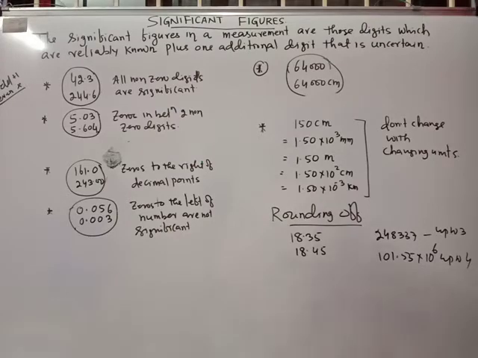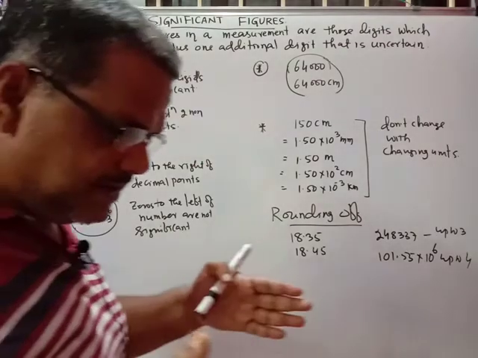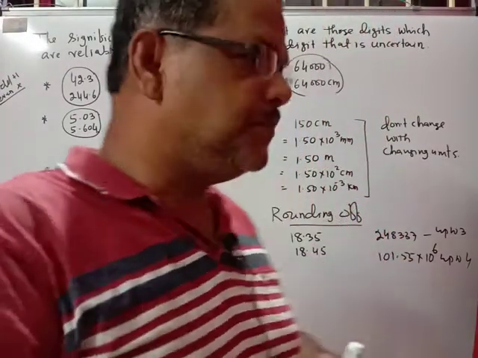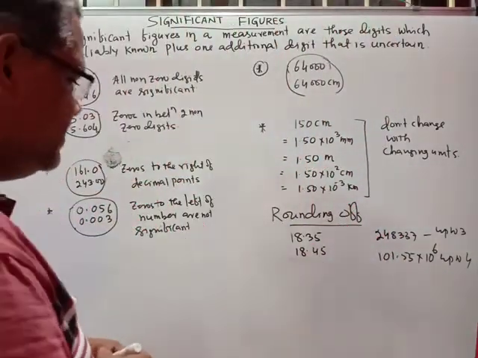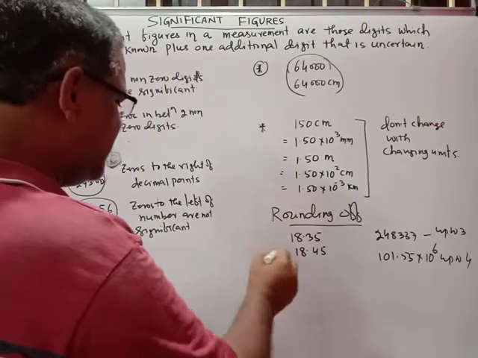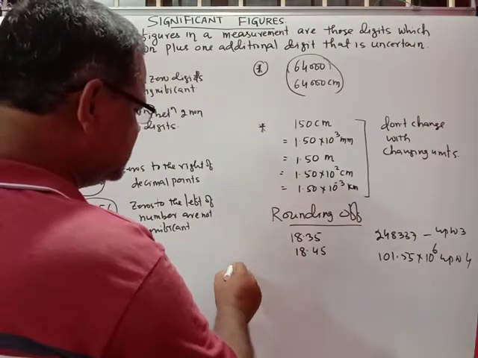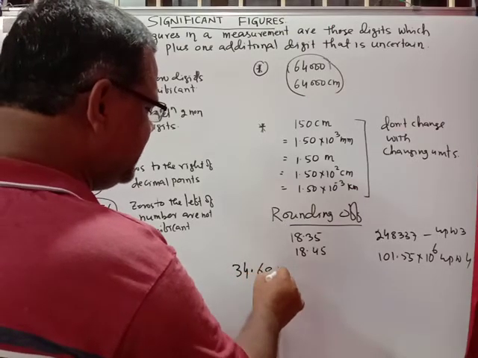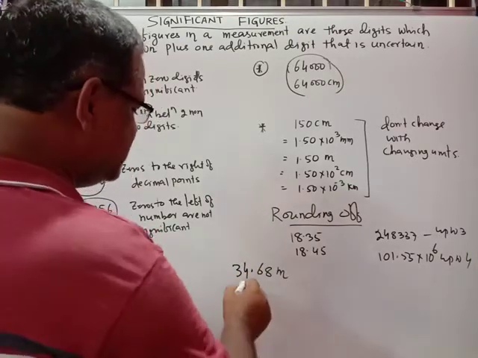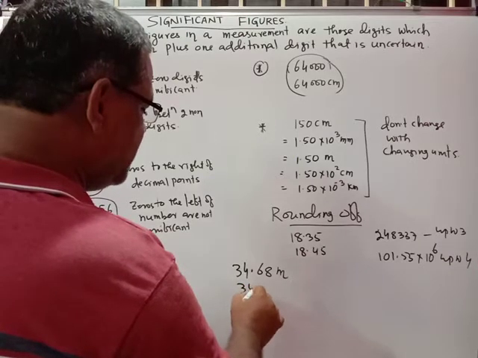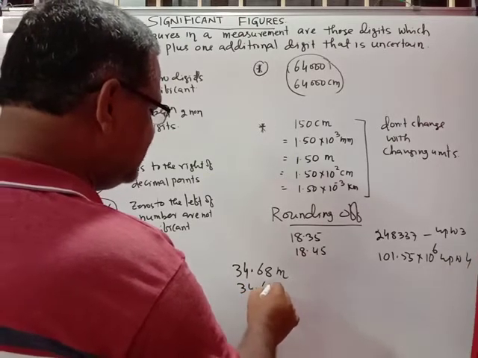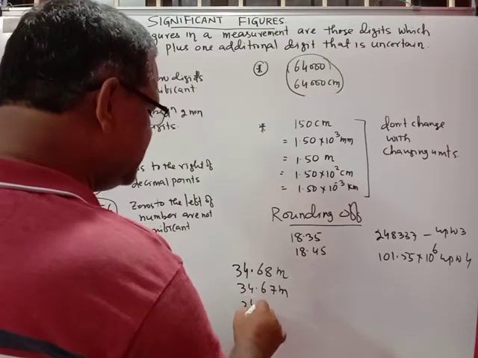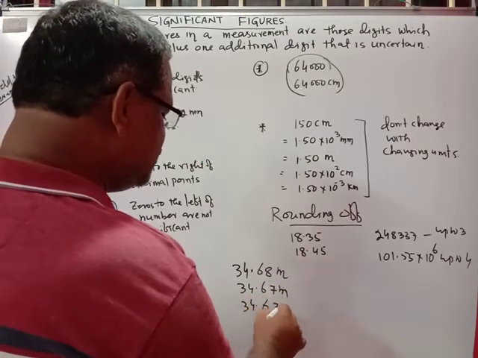Actually, whenever different observers are measuring a quantity, suppose the length of a rod, and the length of the rod is measured by different observers. One is measuring 34.68 meter, another observer is measuring 34.67 meter, another 34.63 meter.